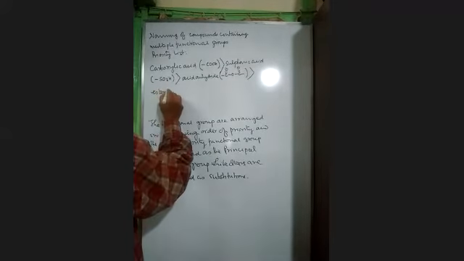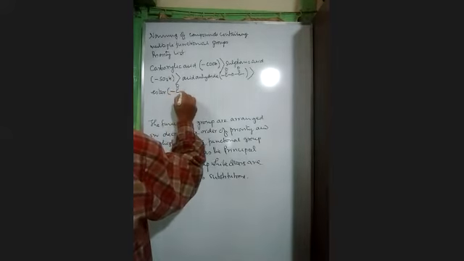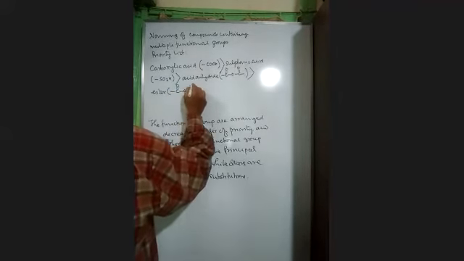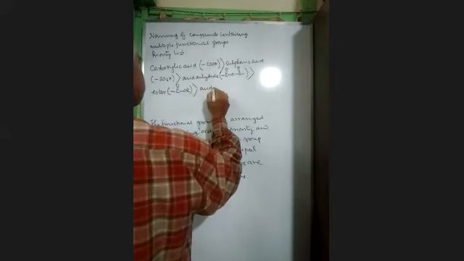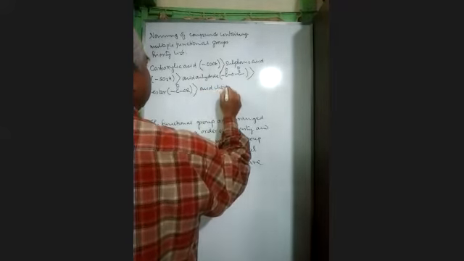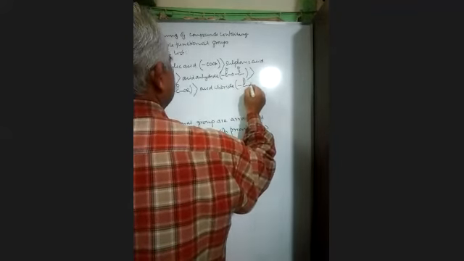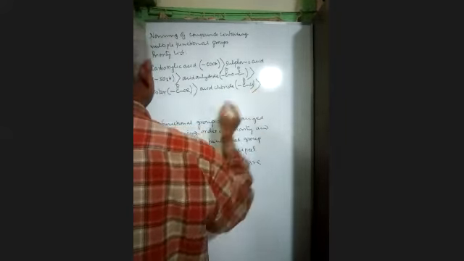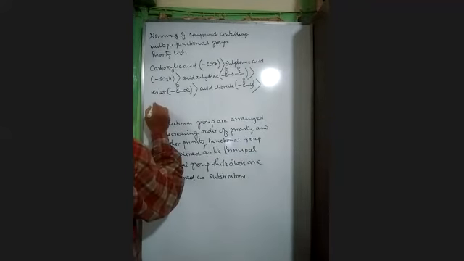Then comes ester. What is ester? Then acid chloride. What is this? This.